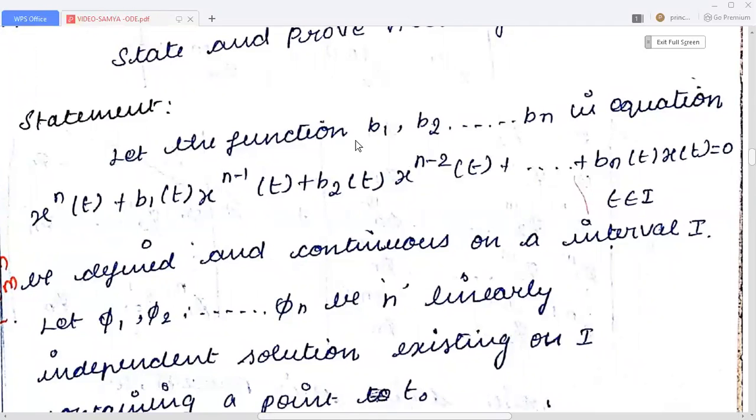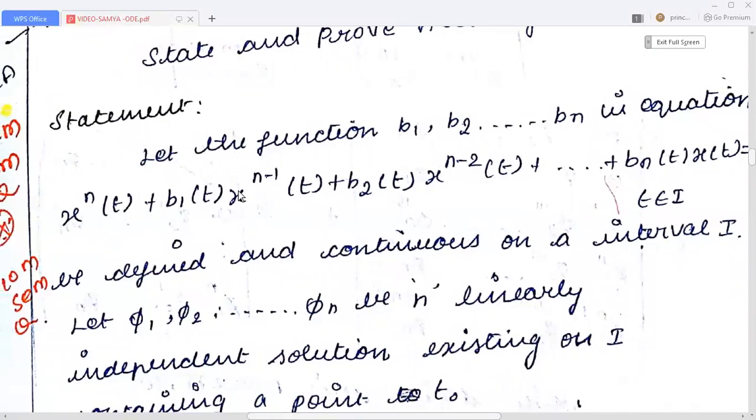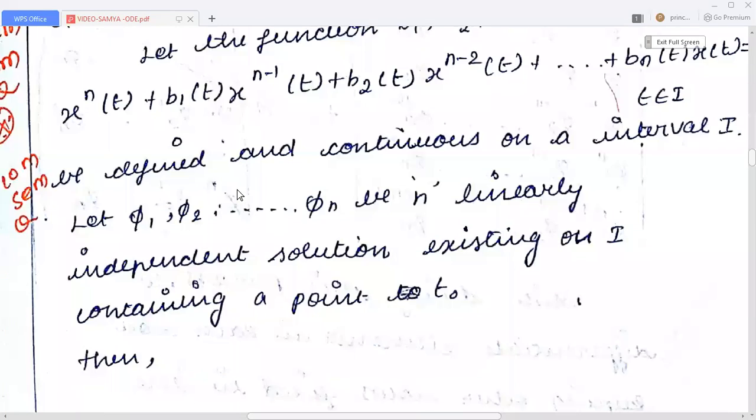Let the functions b1, b2, b3, etc., bn in the equation x^(n) of t plus b1 of t into x^(n minus 1) of t plus b2 of t into x^(n minus 2) of t, etc., plus bn of t into x of t equal to 0, be defined and continuous on an interval I.